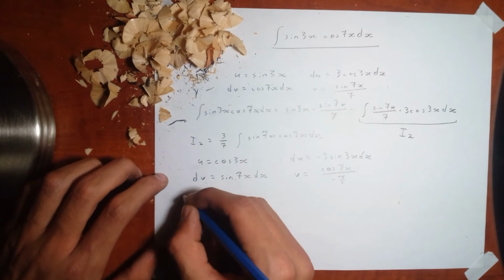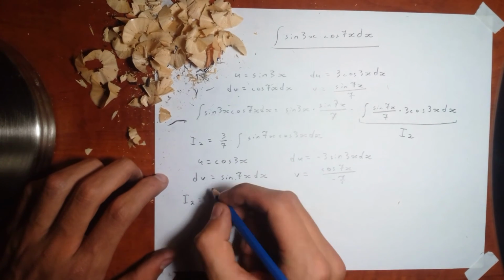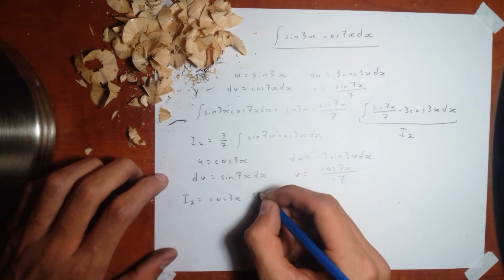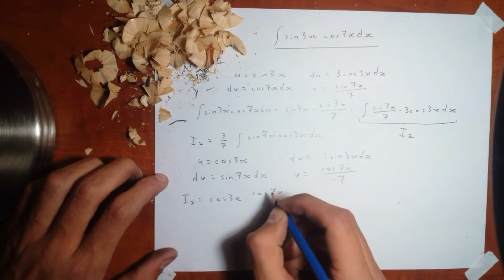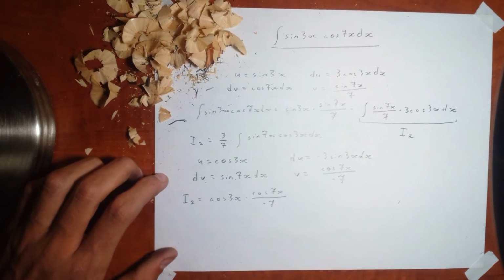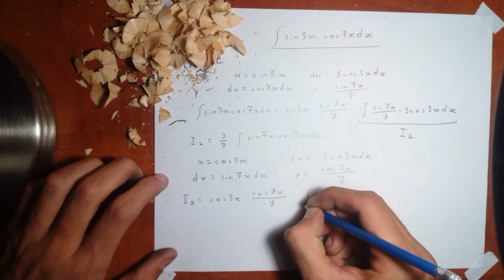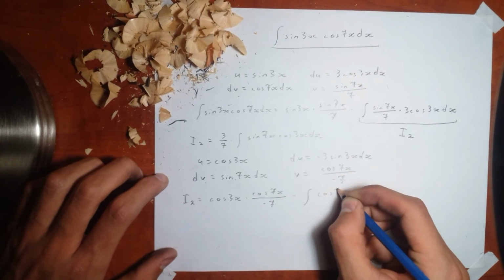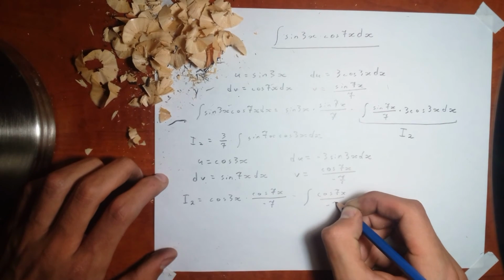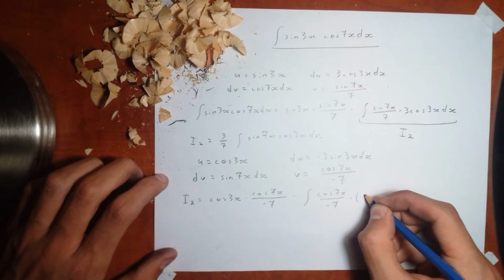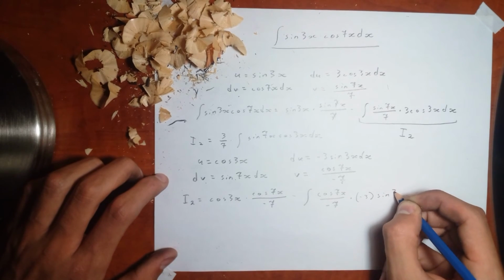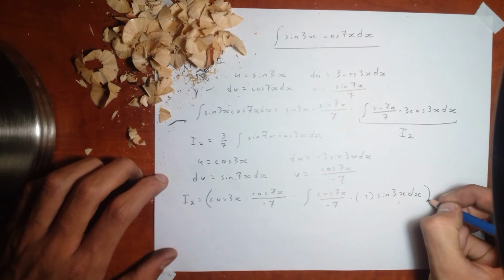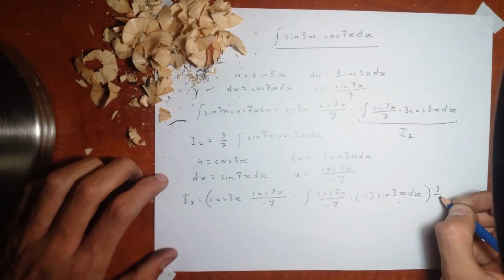We get I2 equals cosine 3x times cosine 7x over negative 7, minus the integral of cosine 7x over negative 7 times negative 3 sine 3x dx, and everything multiplied by 3 over 7.